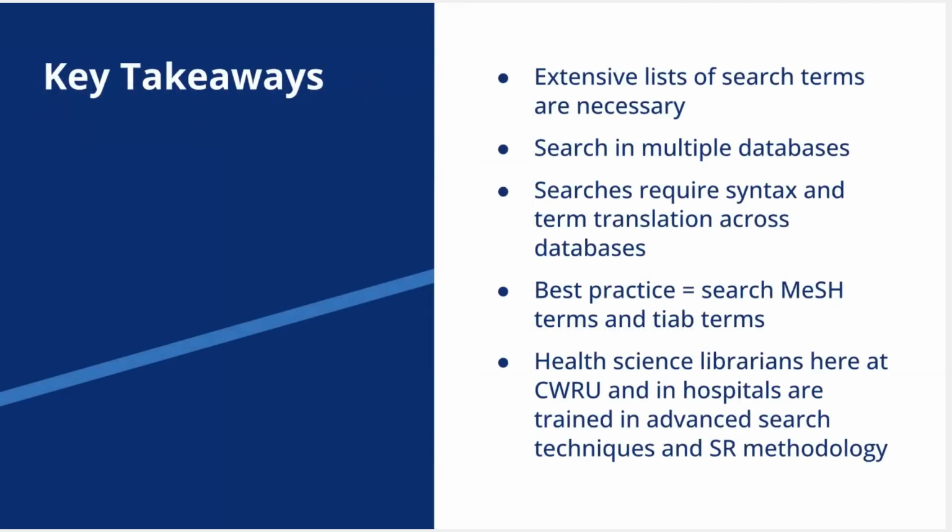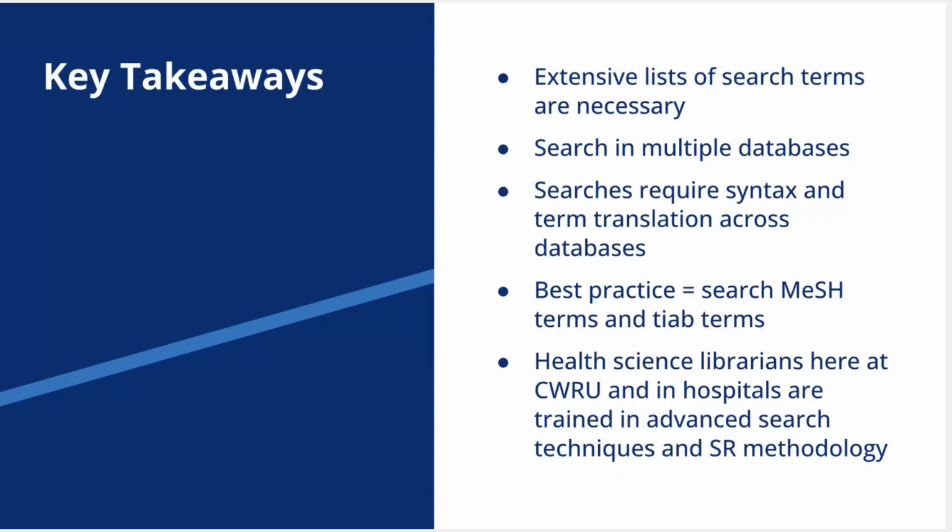In summary, the key takeaways for developing a systematic review search strategy are to develop exhaustive lists of search terms for each essential concept that must be discussed in all articles you hope to find. To be comprehensive and to avoid selection bias, you must search multiple databases.